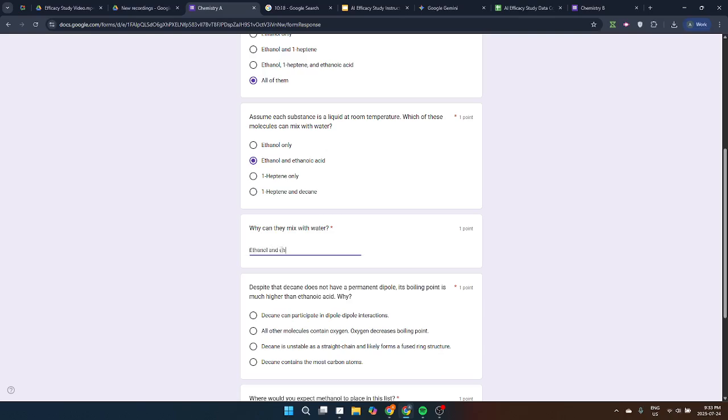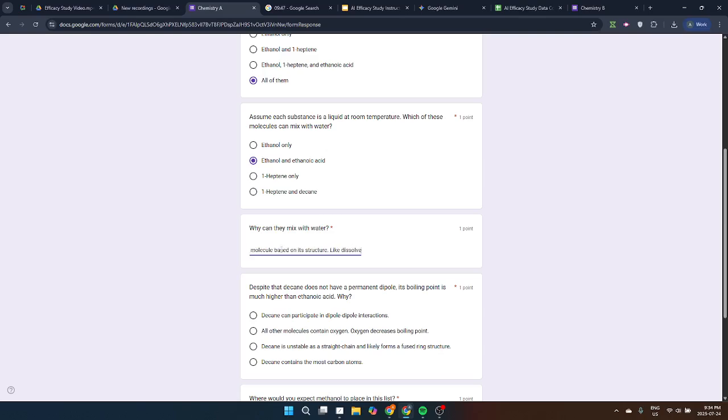Ethanol and ethanoic acid are both polar molecules as a result of the OH group they contain. Water is also a polar molecule based on its structure.